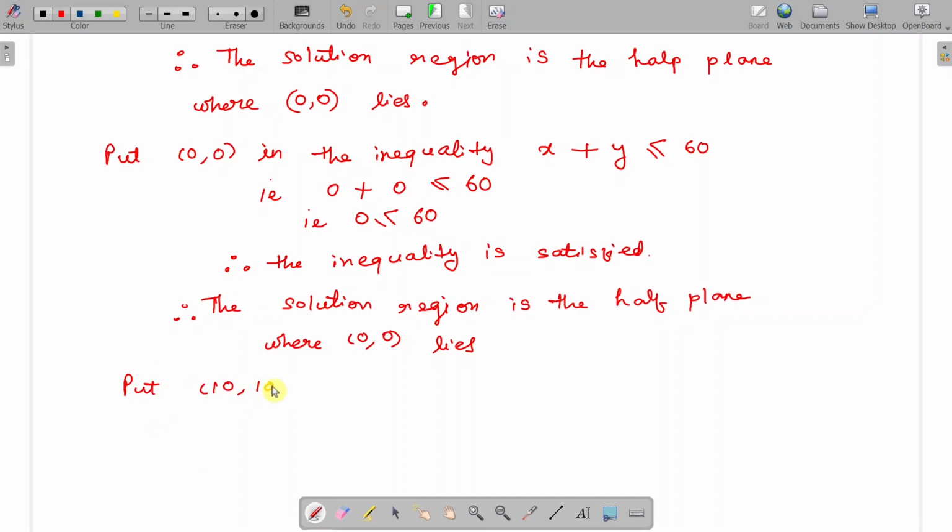Let us put 10, 10 in x greater than or equal to 0, right? So that is 10, because x is 10 greater than or equal to 0. So therefore the inequality is satisfied, right? The inequality is satisfied.